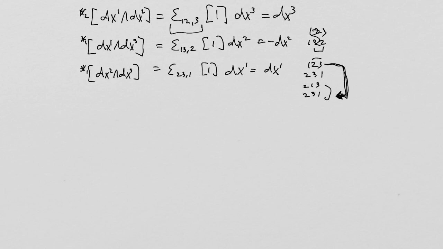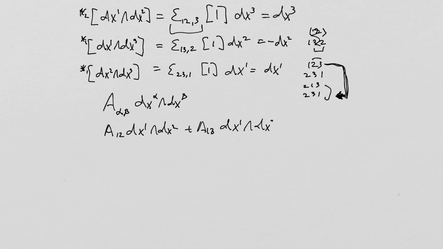And again, I can take any A alpha beta dx alpha wedge dx beta, and I write this down as alpha 1, 2 dx1 wedge dx2 plus alpha 1, 3 dx1 wedge dx3 plus alpha 2, 3 dx2 wedge dx3.